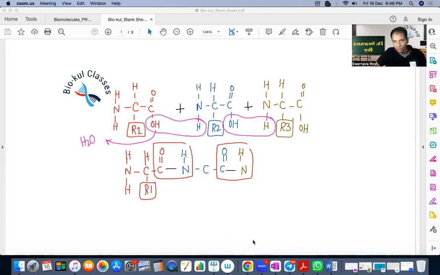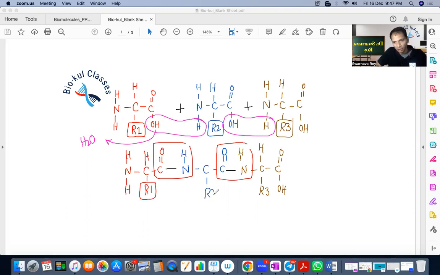And you can see here the alpha carbon. So there is an H, there is an R3, there is a COOH. Again, this one can form another peptide bond with another amino acid. Let me just complete this whole thing.